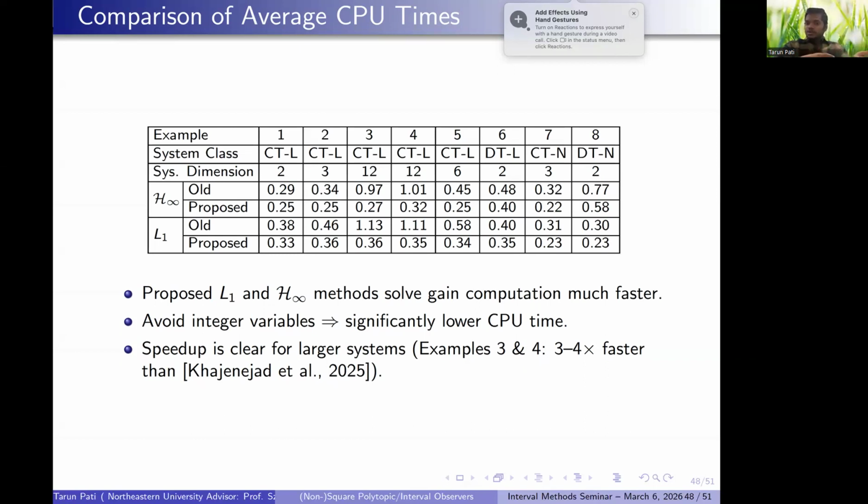This is especially true if the original system states are of higher dimension. For lower dimensions, the advantage may not be as prominent, but the more you increase the dimensions, the more apparent the advantage becomes. By avoiding these integer variables, we have significantly less CPU cost.